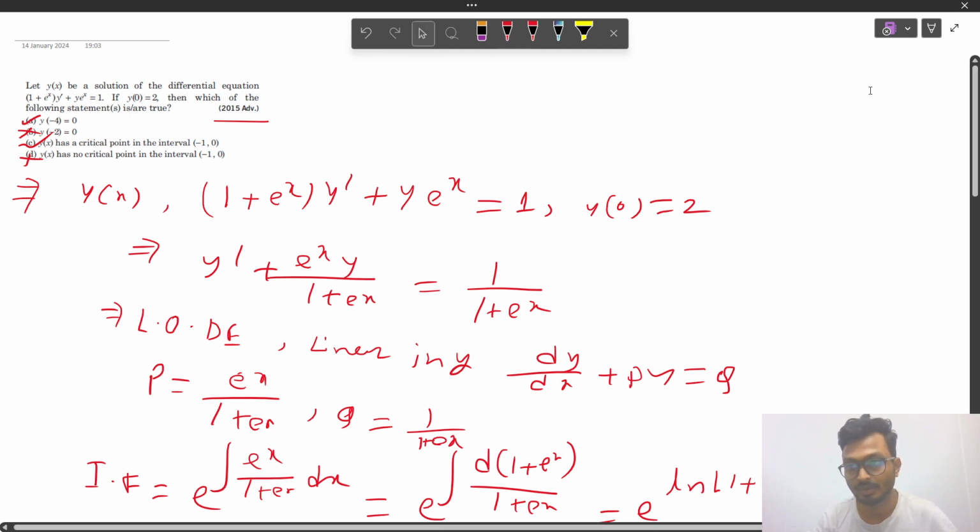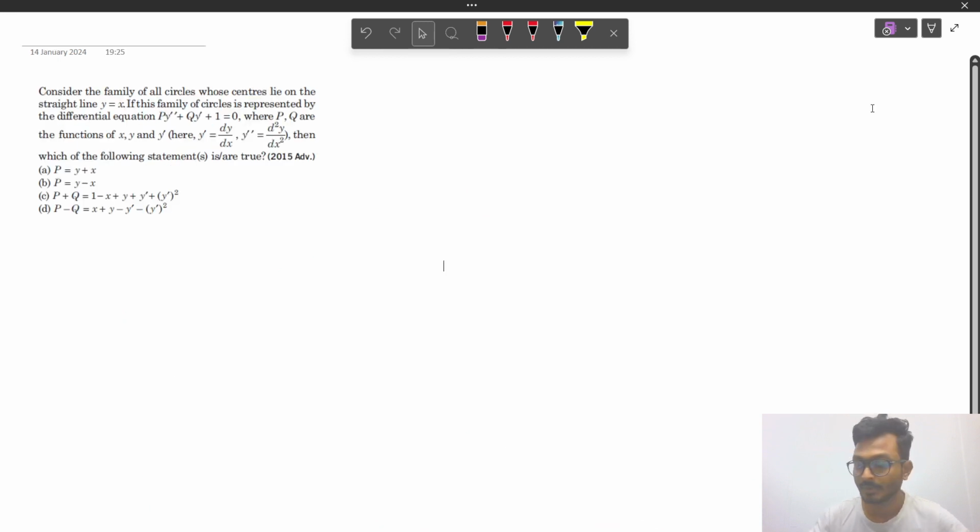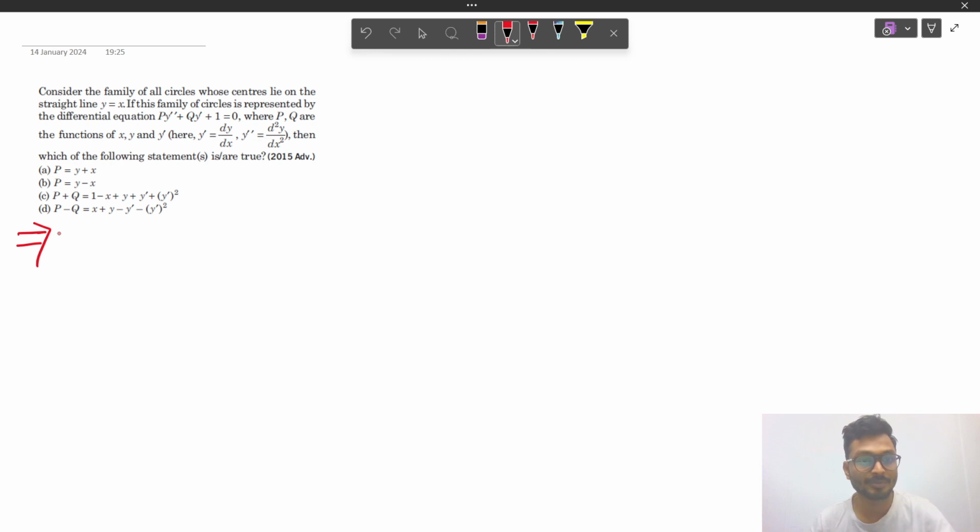So let's go to the second question. This question was also asked in JEE Advanced 2015. Now, what is given in that question? It is given that y equals minus x. This is a straight line, and the family of all circles has centers on this straight line.